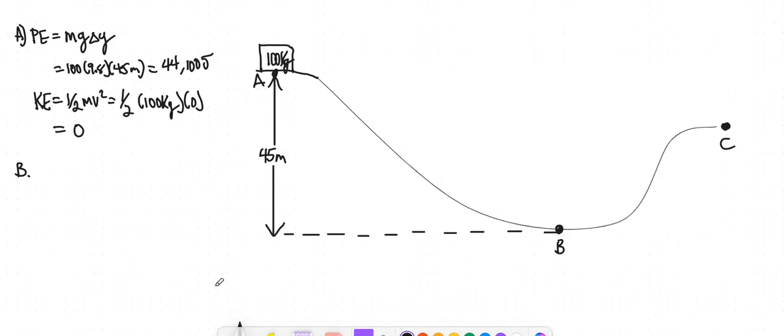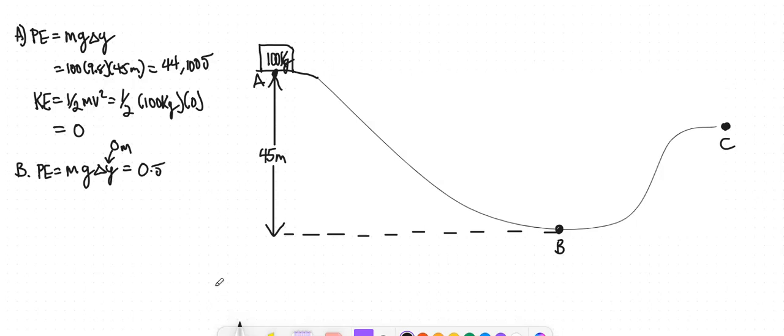So at position B down here at the bottom of the hill, the potential energy is the mass times the acceleration due to gravity times delta y. But at this point right here, delta y is 0. So we're going to have a potential energy of 0 at the bottom of that hill. And so there's 0 joules.